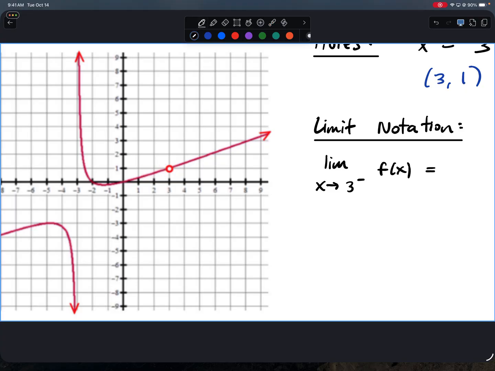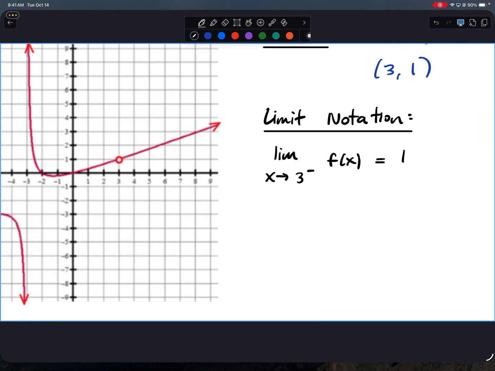So the limit as x approaches 3 from the left of this function is equal to 1. So as x approaches 3 from the left, f of x is approaching 1.